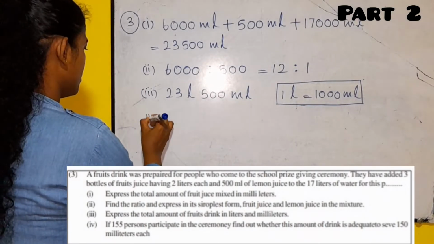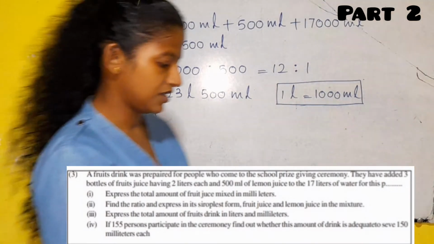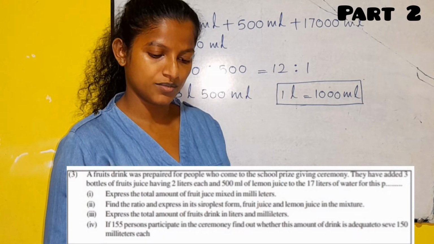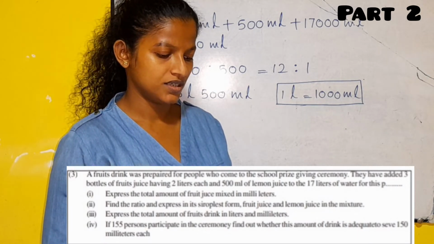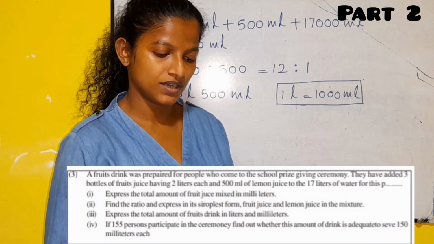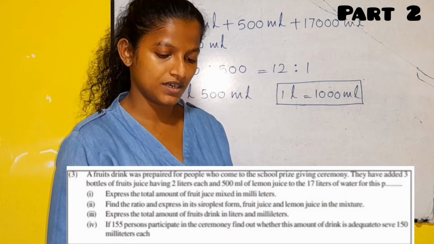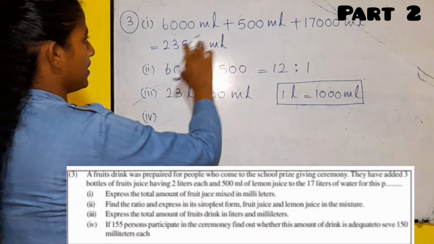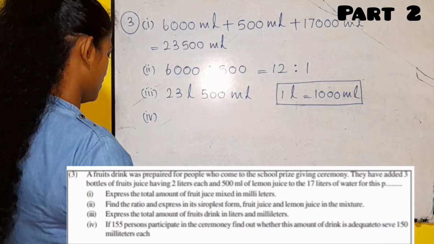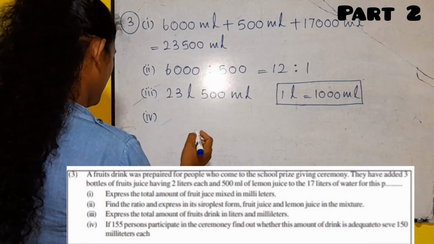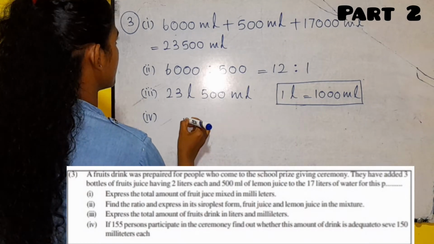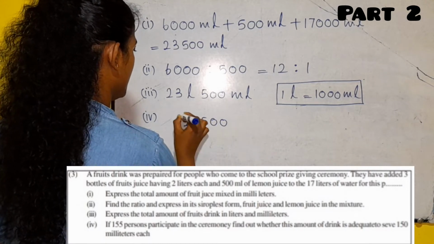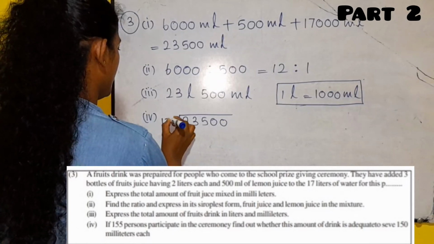Number 4, what are they asking? If 155 persons participate in the ceremony, find out whether this amount of drink is adequate to serve 150 milliliters each. To find that, you have to divide this total amount of fruit drink by 150 milliliters. 23,500 divided by 150.